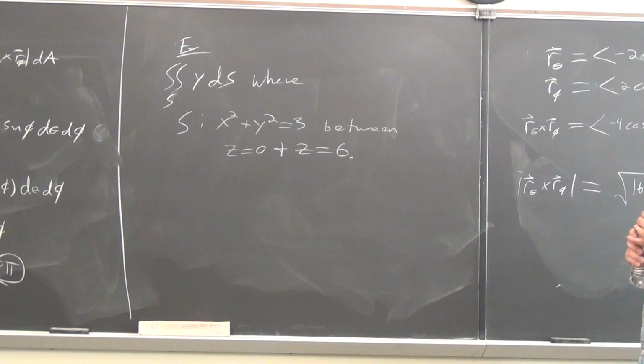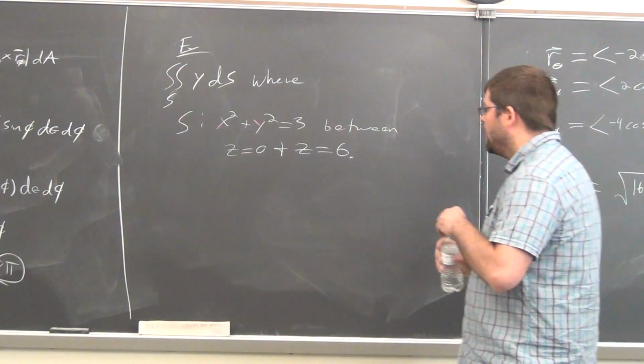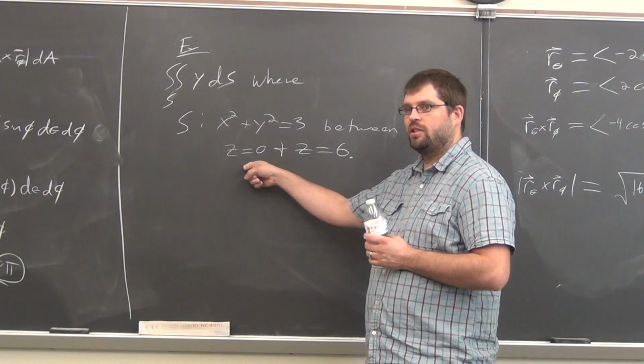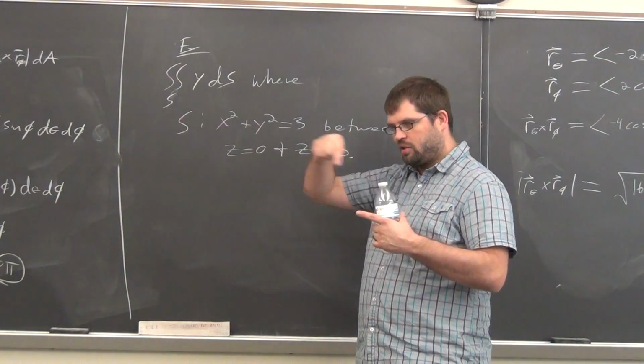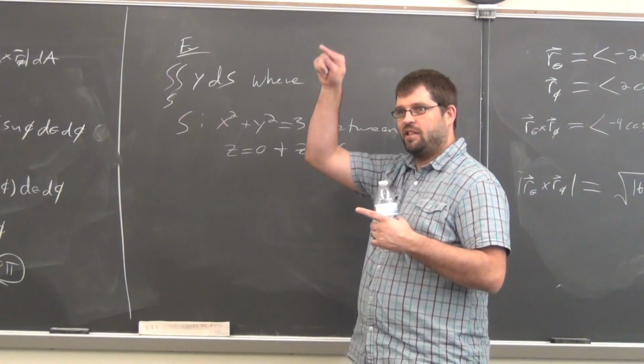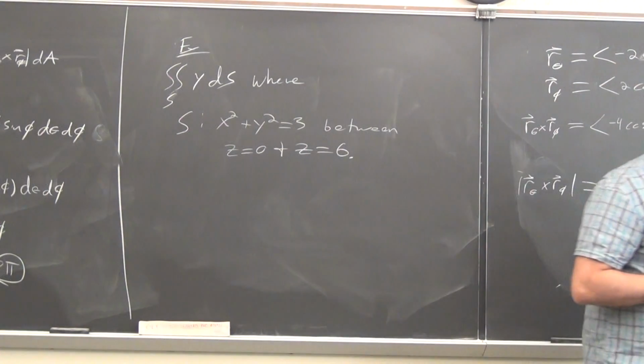What kind of surface is that? A cylinder, and then you want z to range between 0 and 6. So when you set this up, the x and y are only going to depend on one parameter, and then the z will depend on the other. So you should have 2 distinct parameters. See if you can set that up.